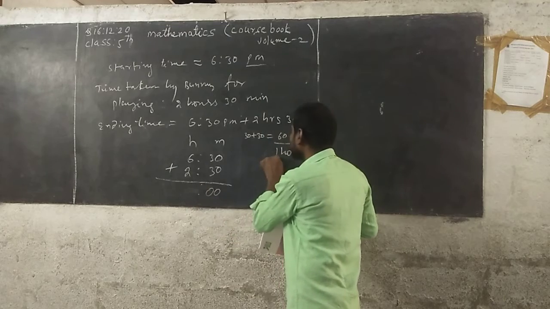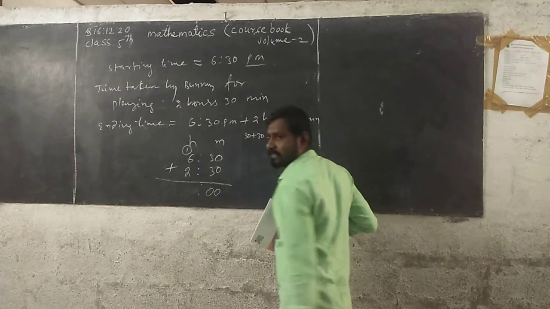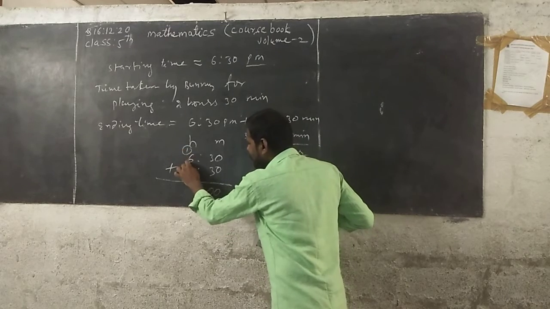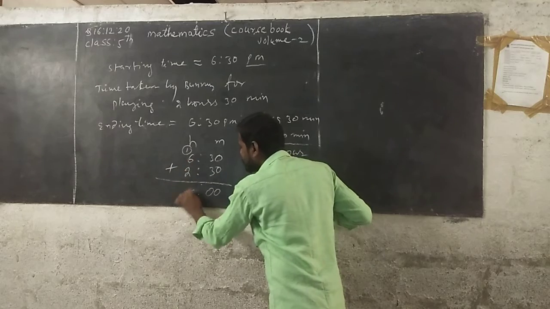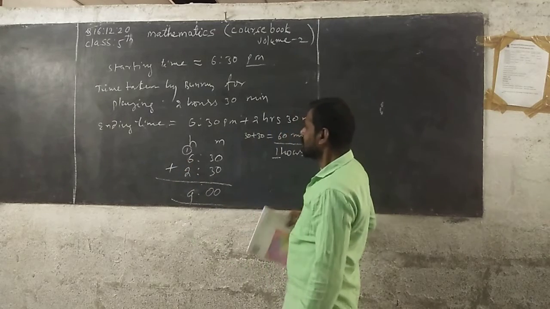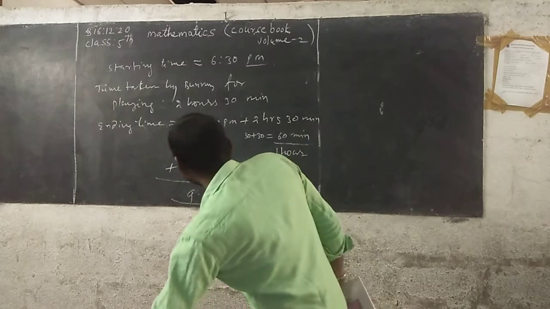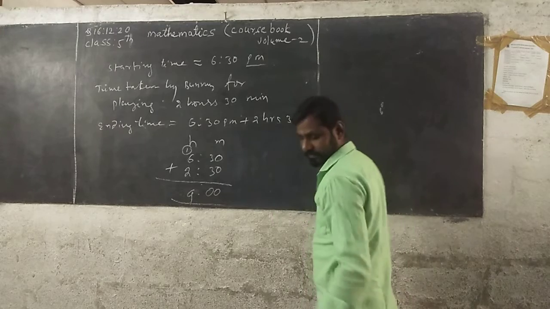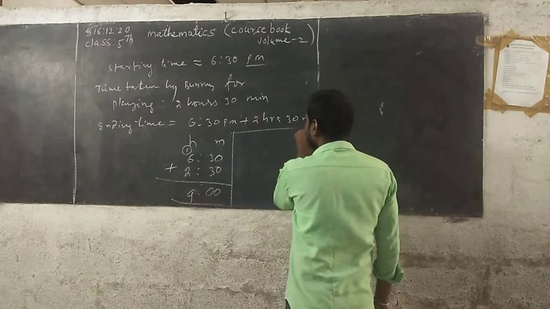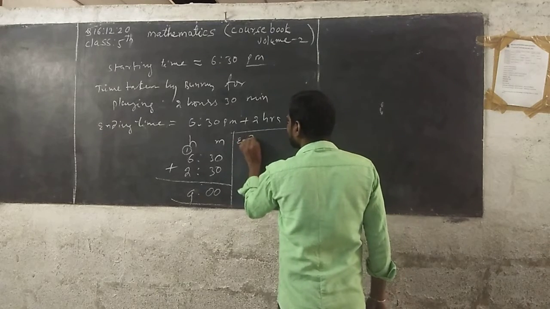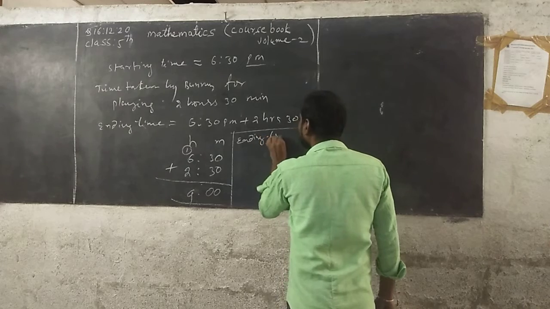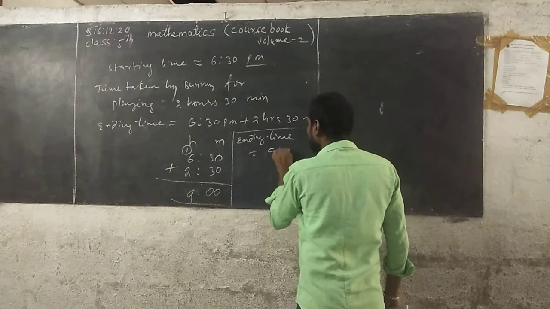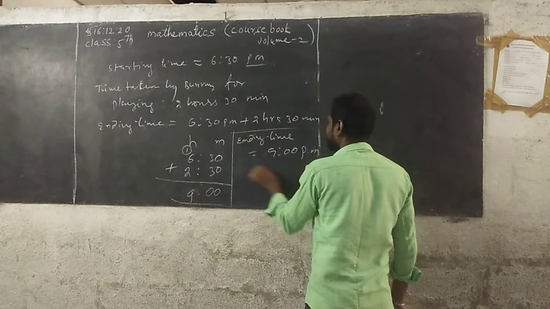Then 1 is carried in hours. 6 plus 1 is 7, 7 plus 2 is 9. So ending time is 9 p.m. Everybody write down: ending time equals 9 p.m.